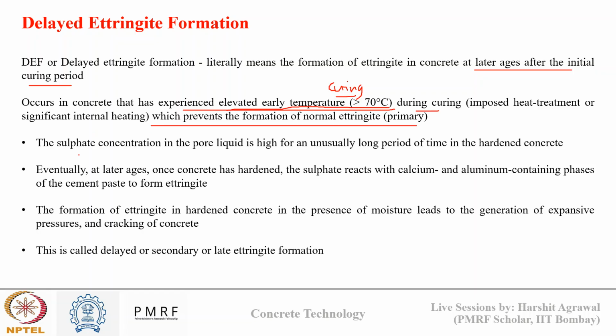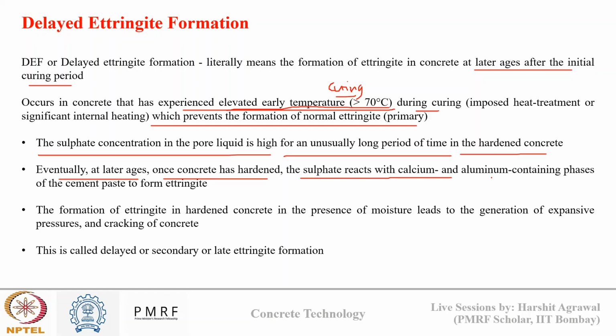Now, in such a condition of concrete, what happens? Sulfate concentration in pore solution is high for an unusually long period of time in hardened concrete, since it is not consumed to form any monosulfate or ettringite. Then at later stages, once the concrete has hardened and the temperature has become lower than 70 degrees, the sulfate ions react with calcium and aluminate containing phases to form ettringite.